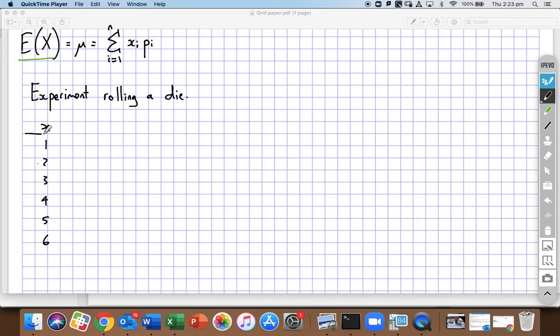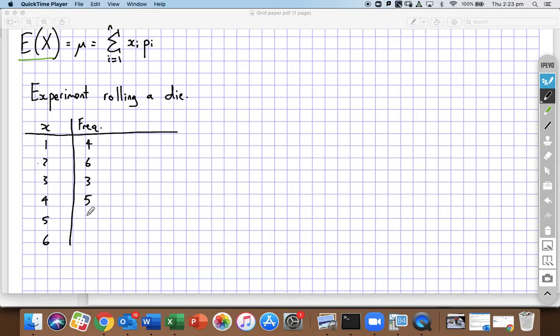And let's think up some frequencies for these values. So frequencies, maybe I get 4 1s, maybe I get 6 2s, 3 3s, I don't know, 5 4s.